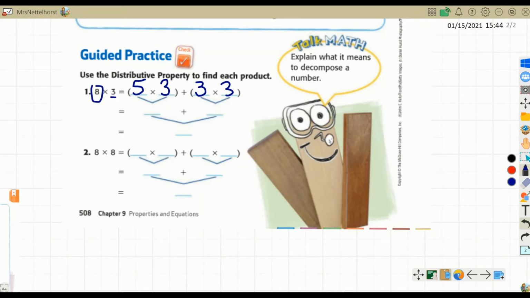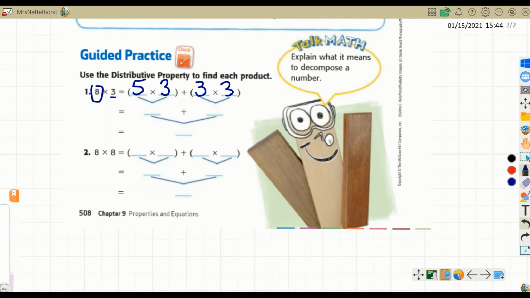This one we decomposed. Okay, now I want you to multiply each of those sets of factors and write the product on the blue line underneath, and pause the video.